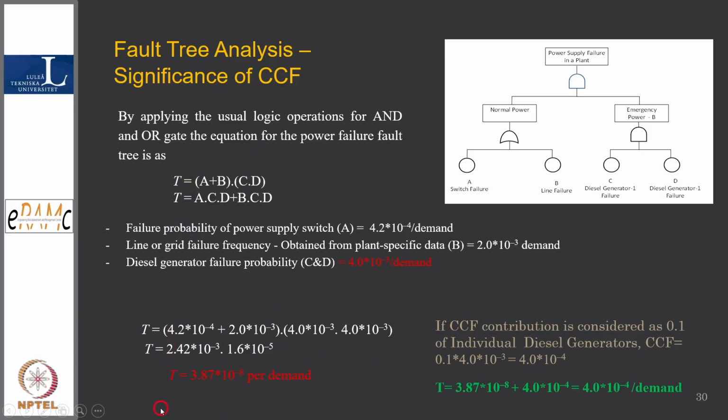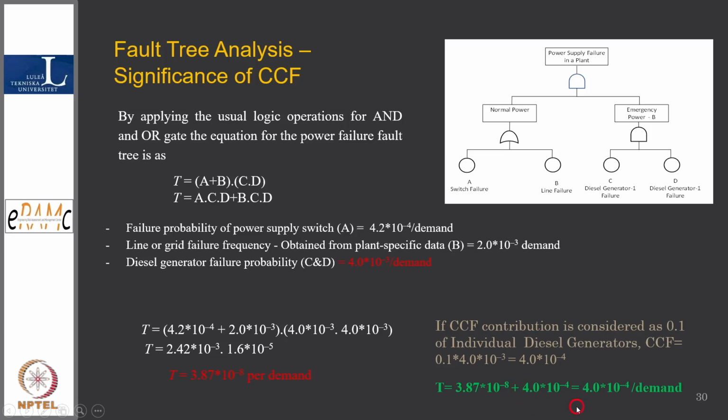So, we have this top event probability, and this comes to 3.87 into 10 to the power minus 8 per demand. Okay. Now, if the common cause contribution is considered as 10%, then T is 3.87 into 10 to the power minus 8 plus this one.